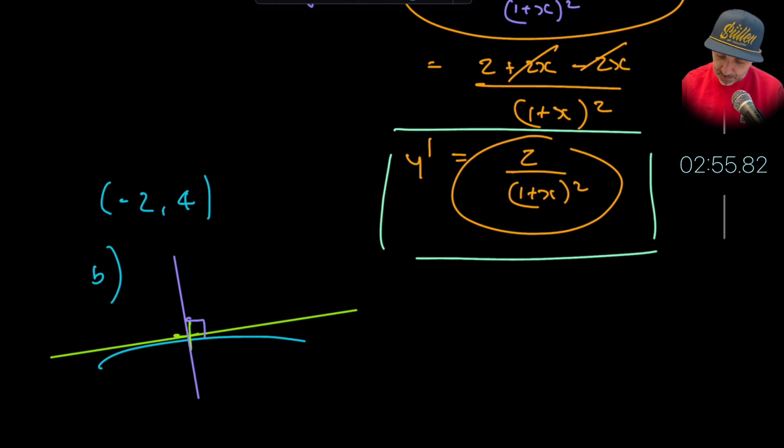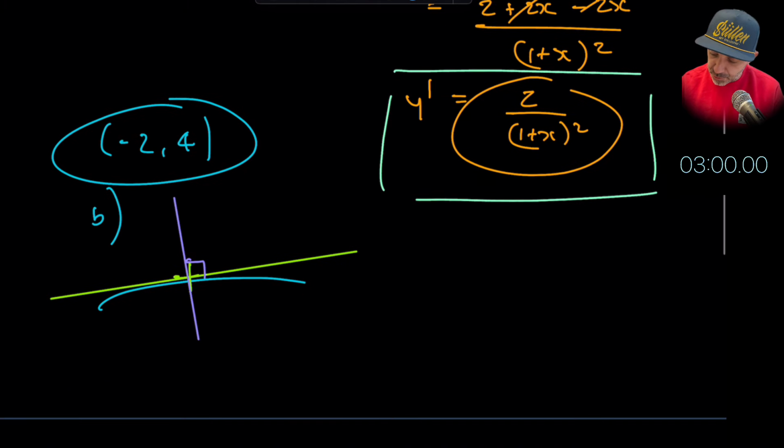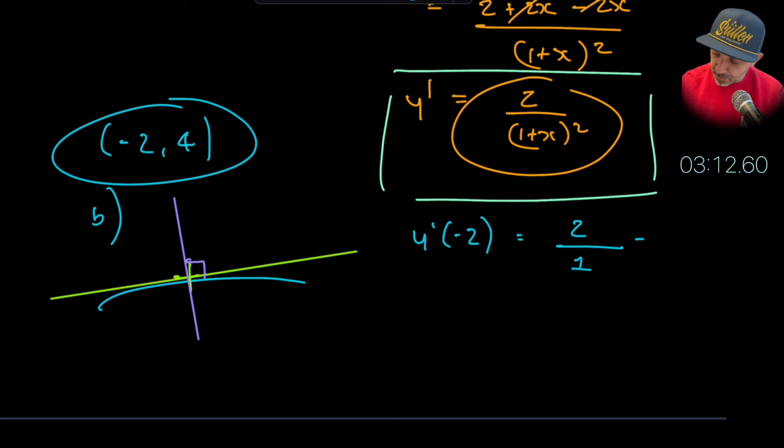So the given point on the curve, what we're talking about is -2, 4. So I'm going to substitute in -2 into this expression, which is the x value, and that will give me 2 over, now 1 minus 2 will be -1, 1 squared would just be 1. So the gradient at the point -2, 4, let's write that down.